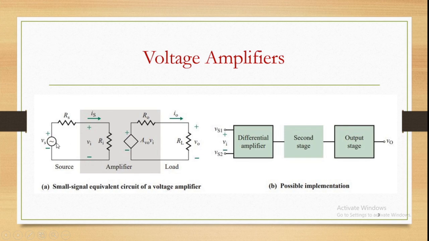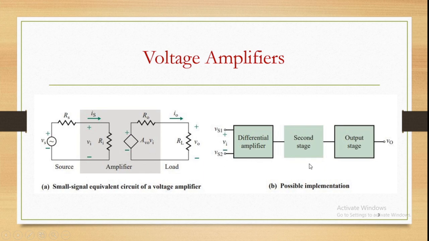The voltage source has Rs as a source resistance, and the output is measured across RL, that is a load resistance. The characteristics of this particular operational amplifier are Ri, input resistance, and Ro, output resistance.